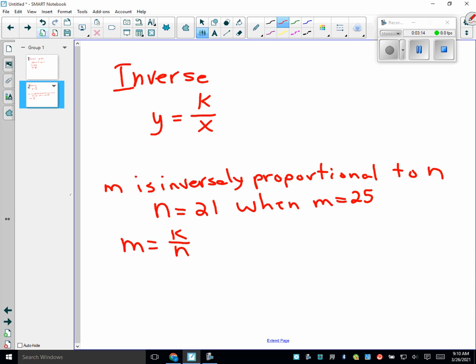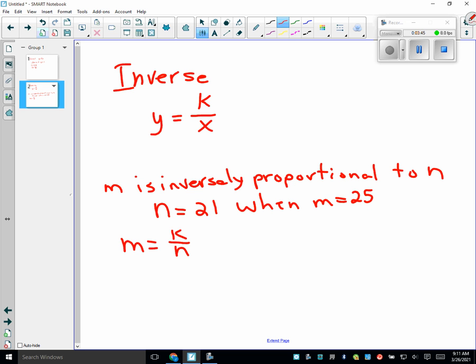And it's always going to say inversely. Maybe we figure it out. I'm just wondering if it's just going to say, like, m is inversely or, like, directly. Yes. Okay. Yes. Got it.